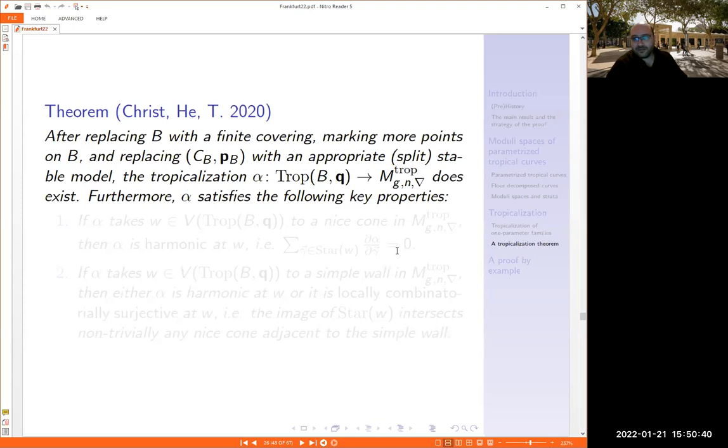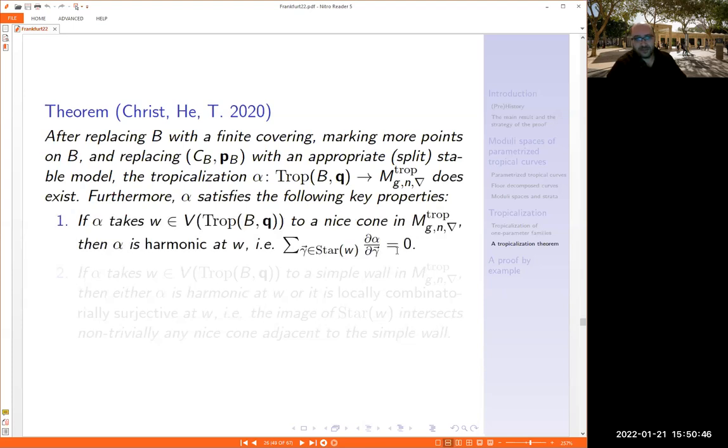But not only do we have such a map, it satisfies certain properties over the two types of cones that we discussed. The first type is the nice cones. And the claim essentially says the following: you have harmonicity at vertices that are mapped to nice cones.